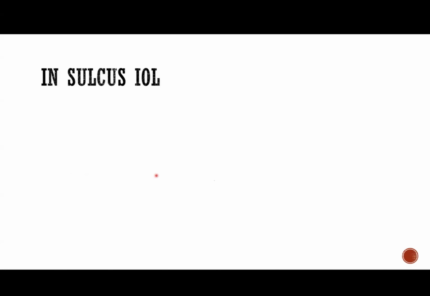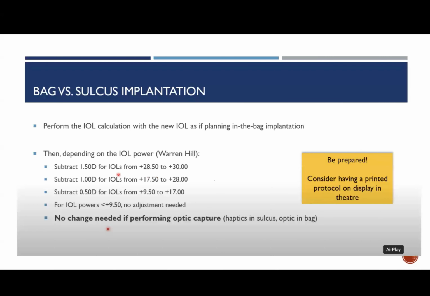And this is a very common scenario. Now, if something happens during the surgery and you want to change the lens into the sulcus, what power are you going to use and how much are you going to reduce? The recommendation is, if you are going to do a sulcus implantation, you have to calculate the IOL power thinking as if it is in the bag.